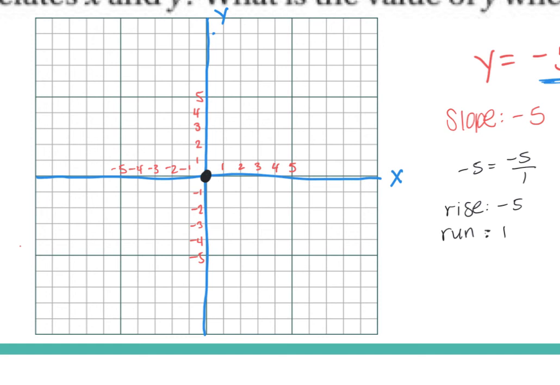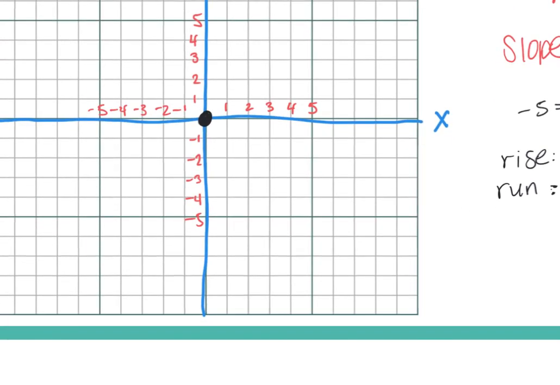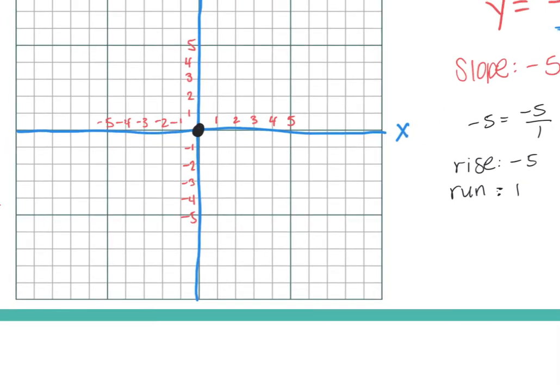If our rise is negative 5, from 0, 0 we go down 5 units, 1, 2, 3, 4, 5, and then to the right 1 unit. This is where we're going to stop, okay?